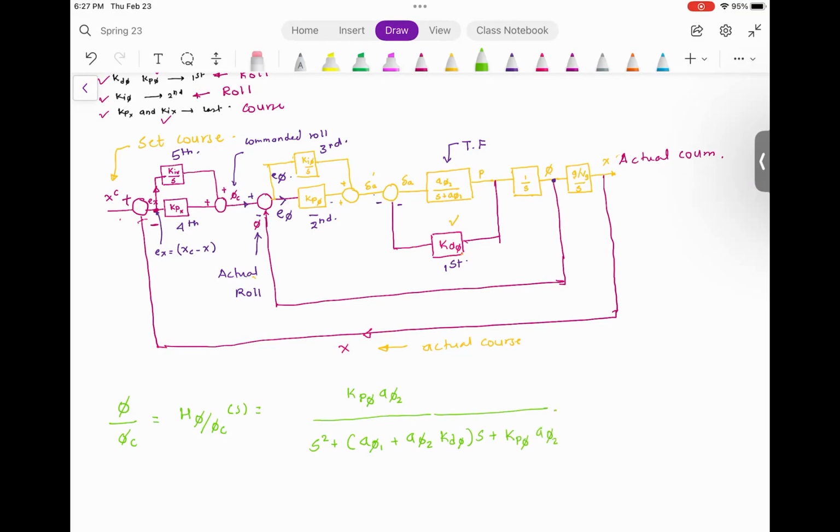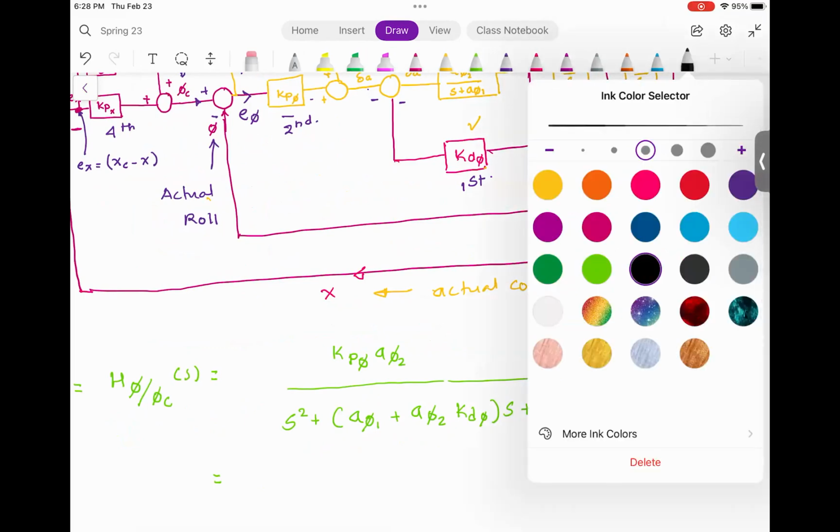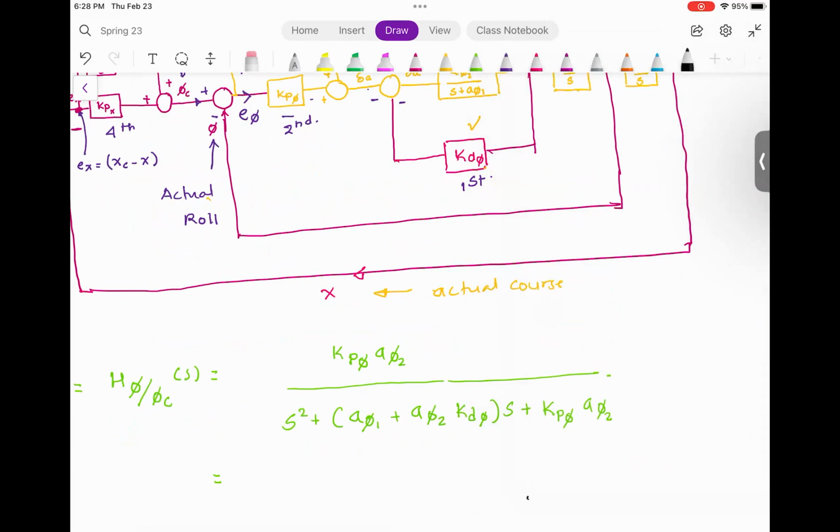Now, believe it or not, this transfer function is of the same form that we have been talking about, which is omega n squared divided by s squared plus 2 zeta omega n s plus omega n squared. And omega n squared is this guy. And if you look at this guy, it is 2 zeta omega n.